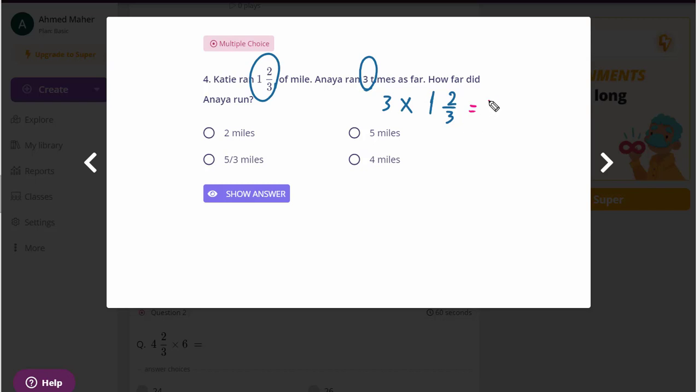First 3 times 2 equals 6, but 6/3 is an improper fraction, so we will divide. There are 2 threes in 6, so it will be 2. Then 3 times 1 equals 3, and we add the 2 and the 3. It will be 5, and it's 5 miles.